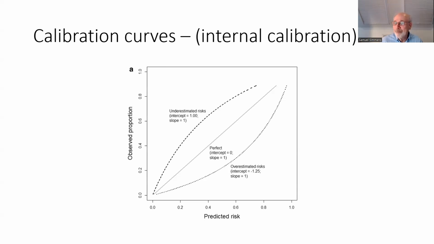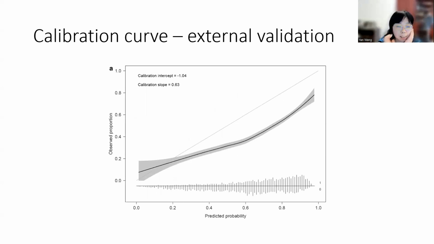Next slide. Thank you. So this is from the same article. This is a calibration curve based on actual data where it was an external validation. They used a model that was used in some other area of medicine, and they applied it to a completely different sample.